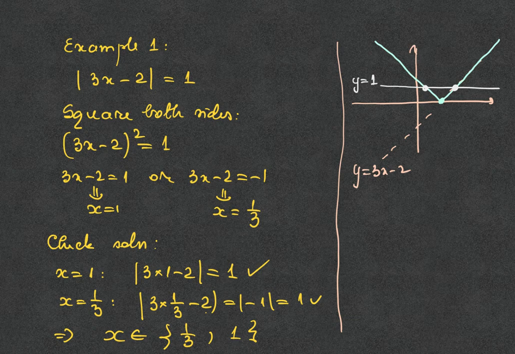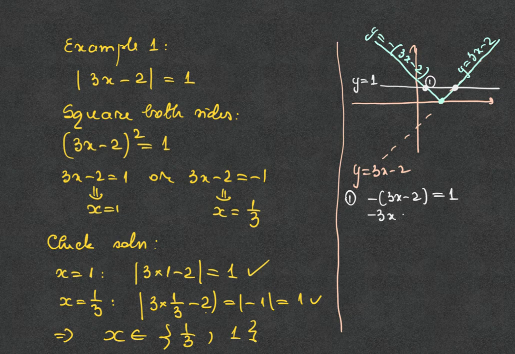Now, solving the equation using the graphical method involves a bit of analysis. It involves noticing that this branch is y equals 3x minus 2, and the second branch is y equals negative 3x plus 2. So we are going to find solution 1 from the branch minus 3x plus 2 intersecting the line y equals 1.